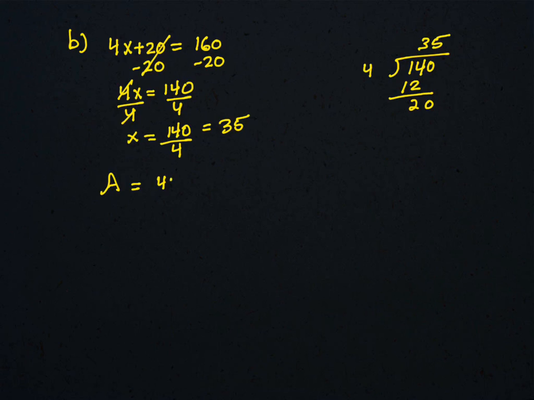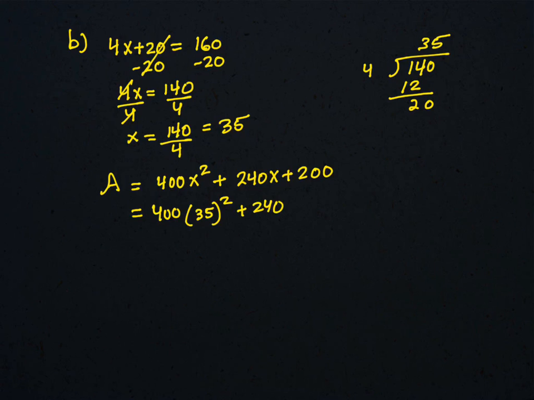Then the area of the one that we had, the 40x squared plus 240x plus 200. All we have to do is, in place of x, you plug in the 35, and then you simplify that using PEMDAS. I used a calculator for that, because the numbers were big to do without the calculator.